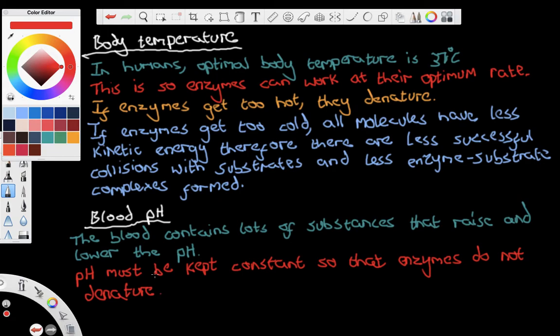So if pH goes up too high, enzymes will denature. If pH goes down too low, enzymes will also denature.